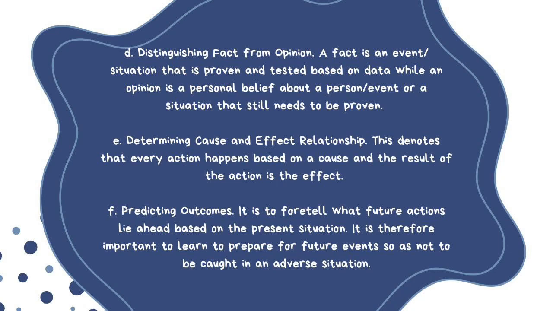For example, the earth orbits the sun is a fact because it can be scientifically proven. On the other hand, an opinion is a personal belief, for example, chocolate ice cream is the best flavor. It's an opinion because it is based on personal preference and cannot be proven universally true or false.